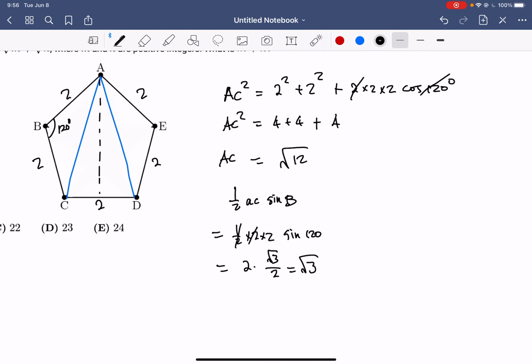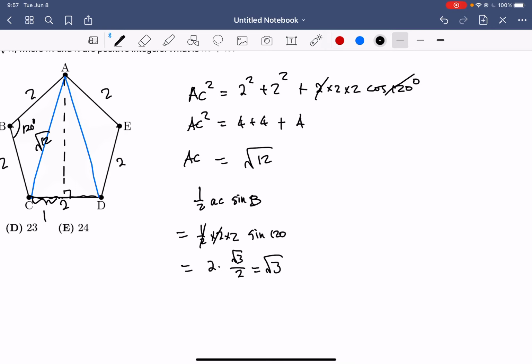Then for the area of ACD, we know that this side length will be square root of 12, and if we draw a height, we know that this will be 1, as it is an isosceles triangle and that would definitely be separated equally. Calling the height h, it would be square root of 12 minus 1 by the Pythagorean theorem, giving square root of 11.